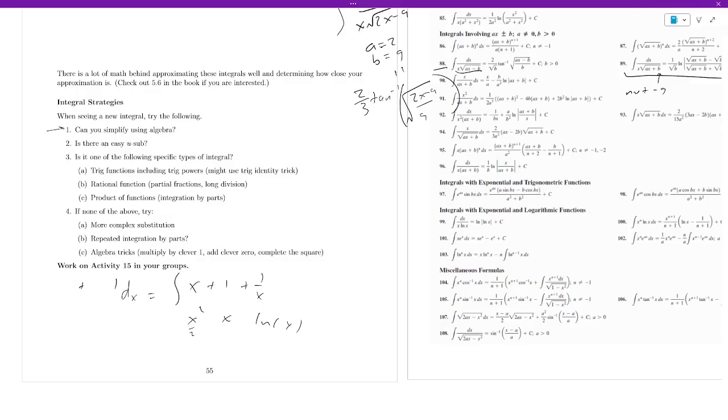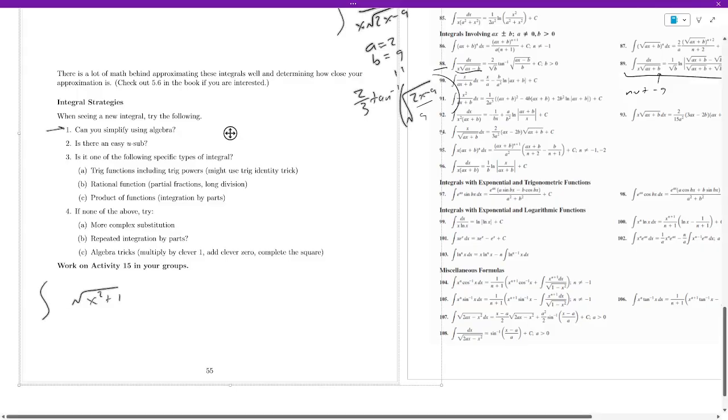For number two, the next easiest thing is pretty much always u-subs. Very often there's just a simple u-sub you can do, and the most common way you're going to see that is when you have something inside whose derivative is sitting outside. Part of it is the derivative of another part of it.